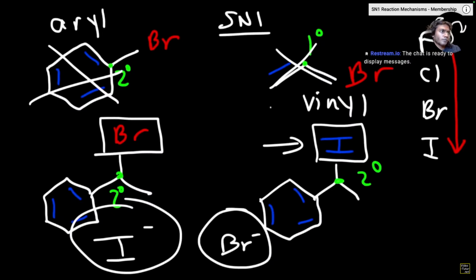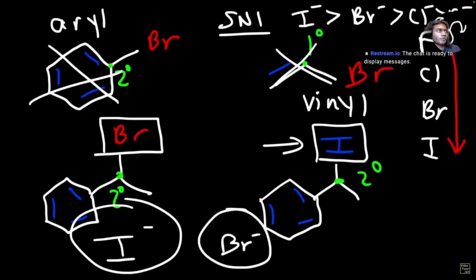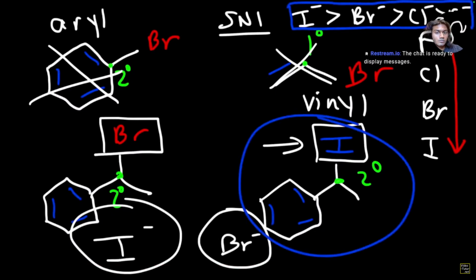For this reason, iodide is a better leaving group than bromide, and bromide is a better leaving group than chloride, and fluoride is not a good leaving group. So leaving group stability corresponds with atomic size. So in this case, this is the best alkyl halide for the SN1 reaction compared to all the other options that we have here.